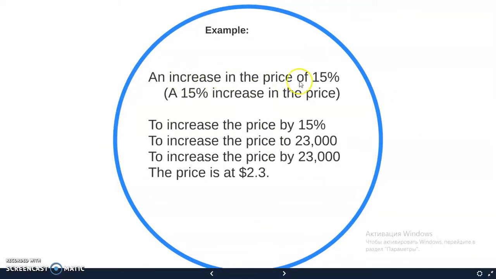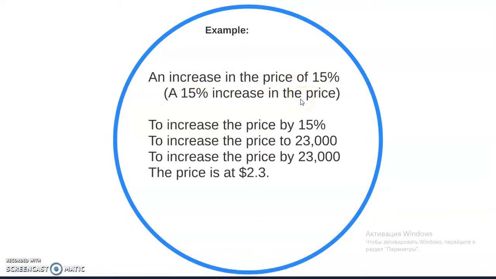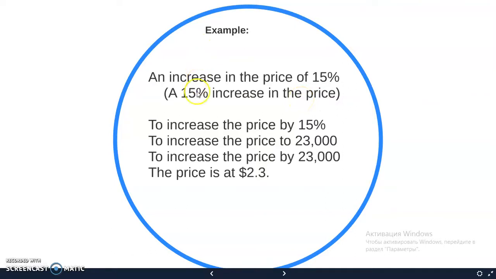An increase in the price of 15%, a 15% increase in the price, it means this is paraphrasing or using synonyms, or there is a verb form, noun form. It is a noun form again, but the structure is different. To increase the price by 15%, now we are using increase as a verb.